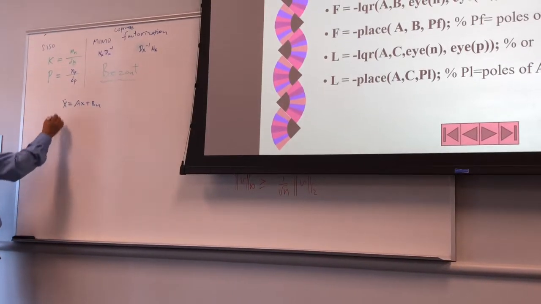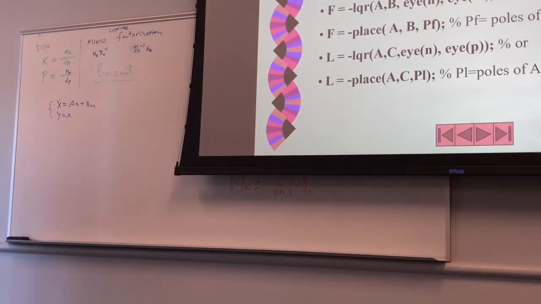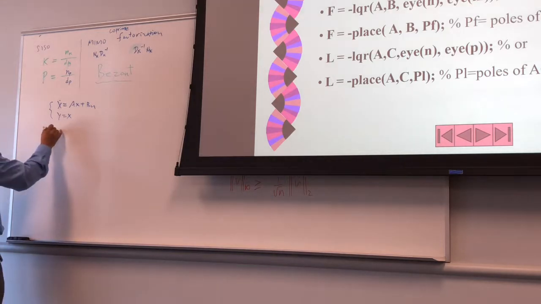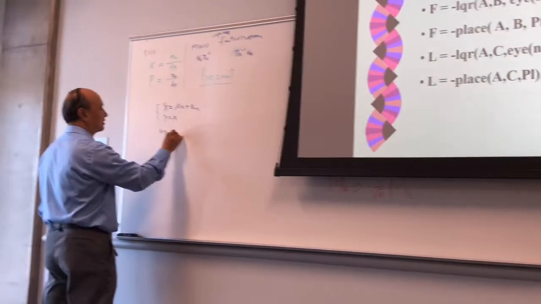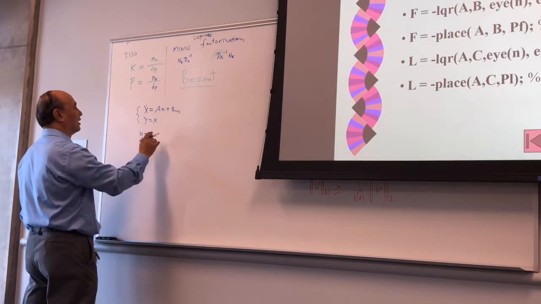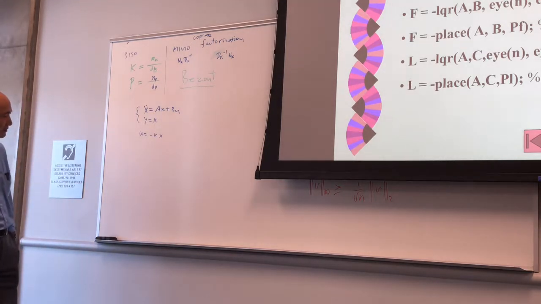Of course, this is a minimum case because Y equals X. This is state feedback. So I want to design a controller which is minus K times X. So this is called state feedback.